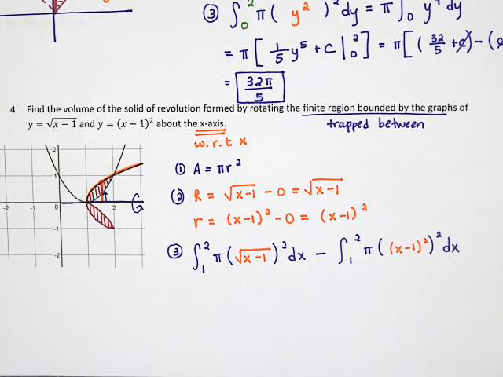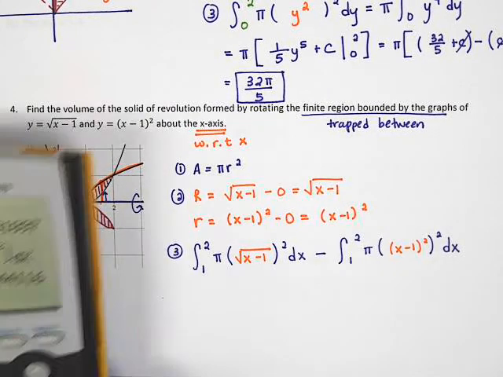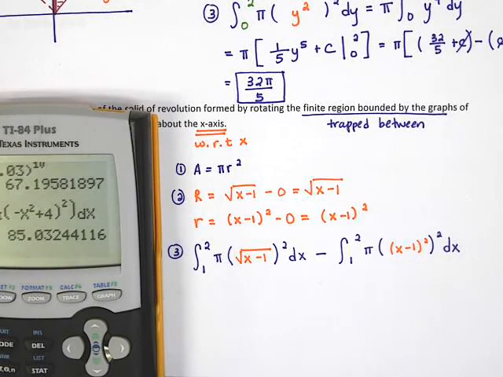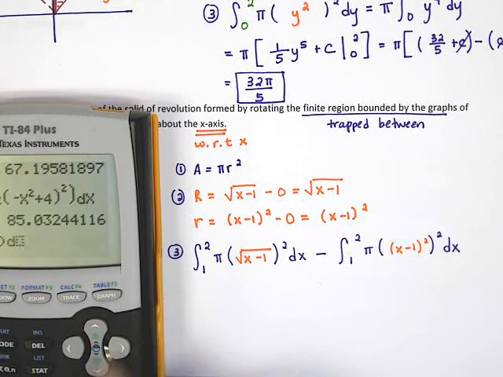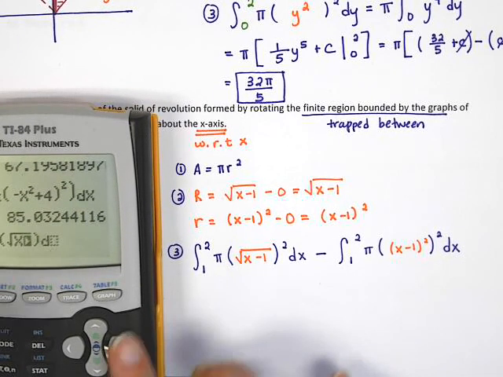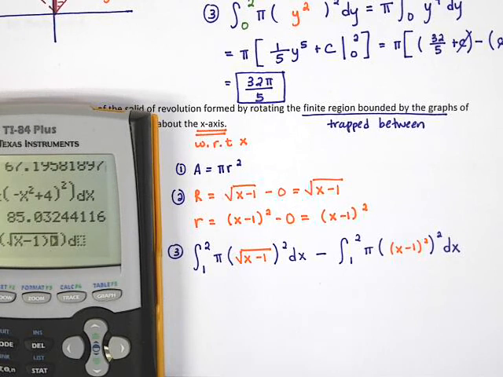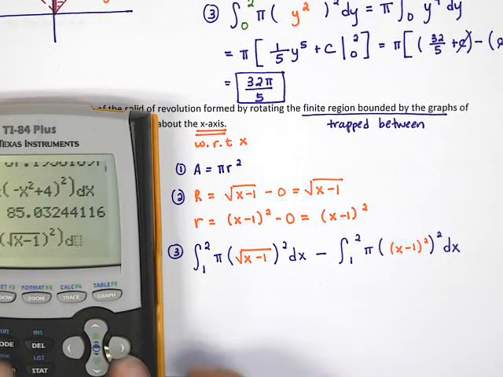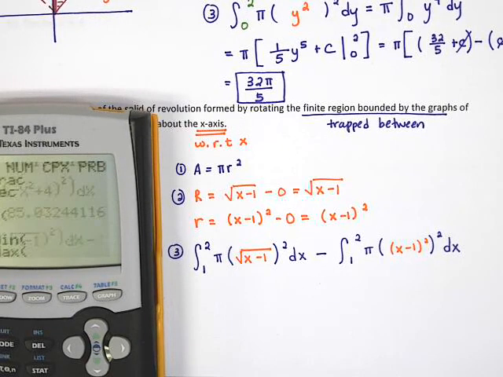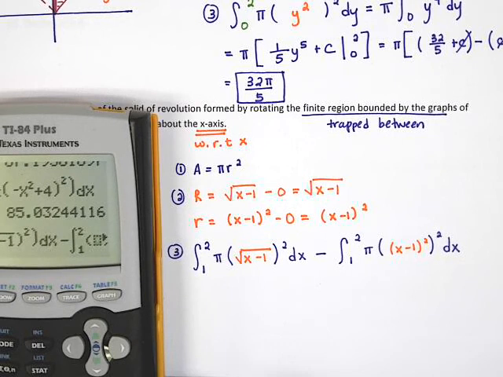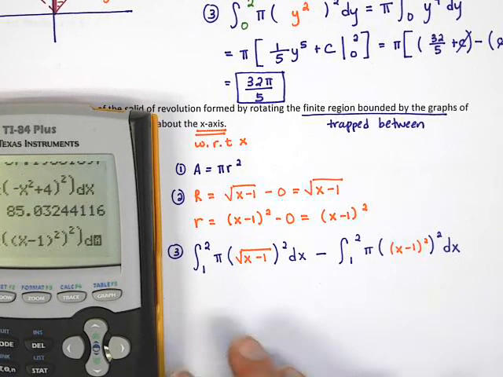Now this problem we're just going to go ahead and do on our calculator. So once we have this set up, we're just going to go ahead and type this in. Math 9, integral from 1 to 2 of pi parentheses square root of x minus 1 squared dx minus math 9, integral from 1 to 2 of pi times (x minus 1) squared dx.